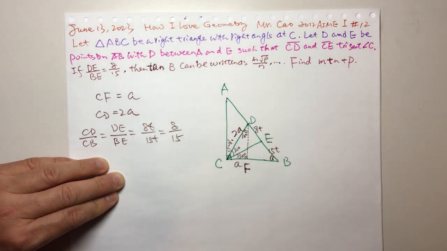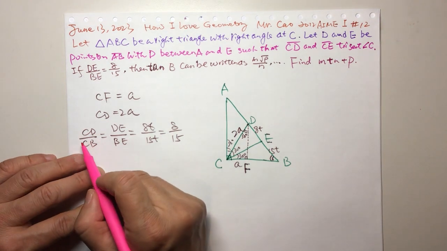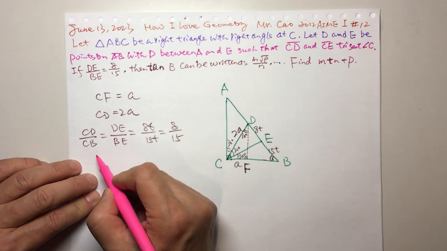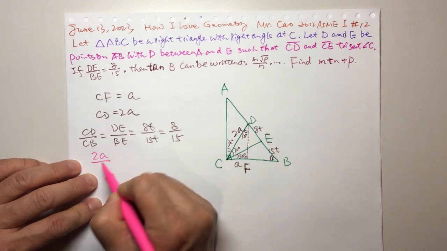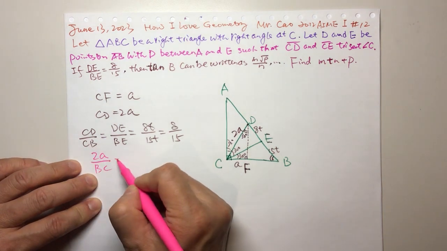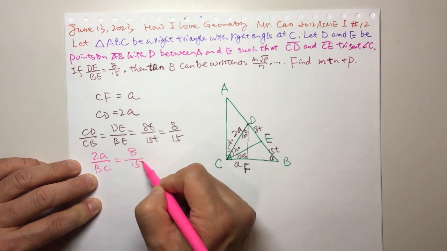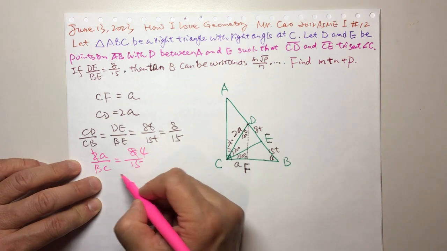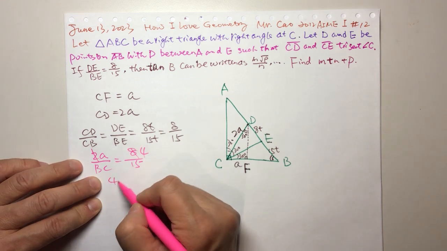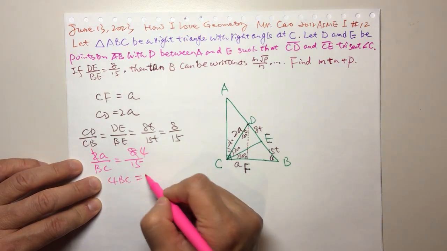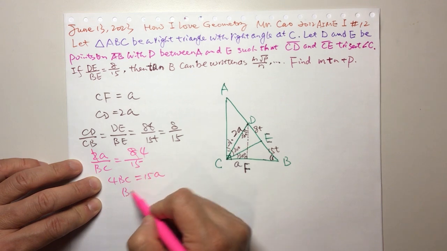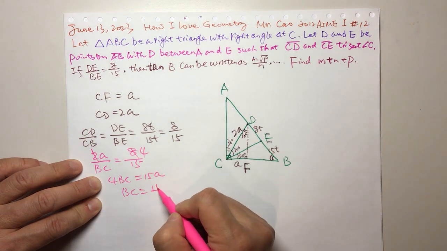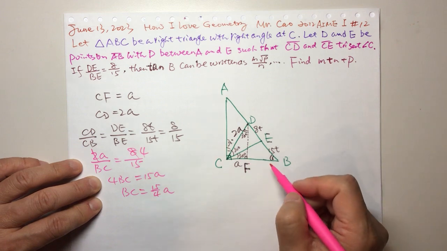Now we know CD is 2a. It means 2a over BC equals 8 over 15. So here is 2, here then is 4. So it means 4BC equals 15a, then BC equals 15 over 4 a.